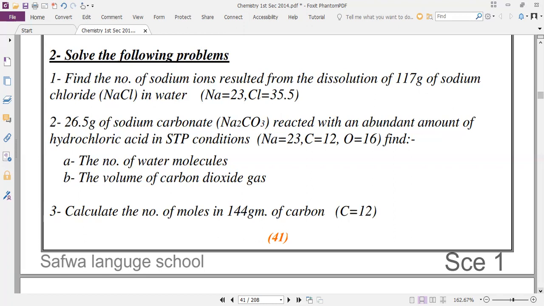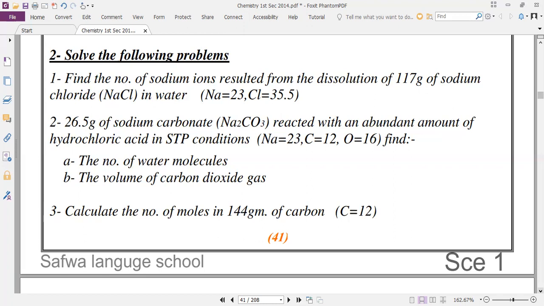It will be 2NaCl plus H2O plus CO2. It will be Na2CO3 plus 2HCl produce 2NaCl plus H2O plus CO2.